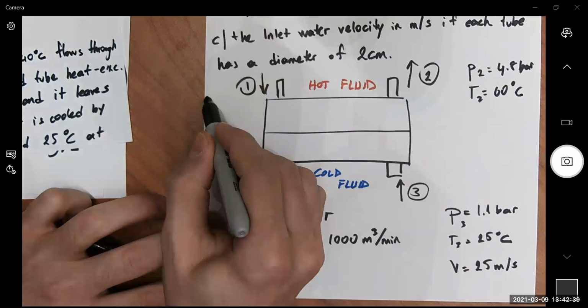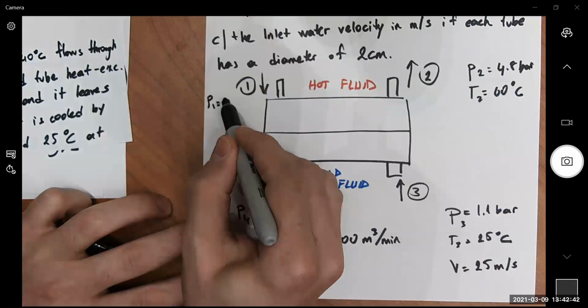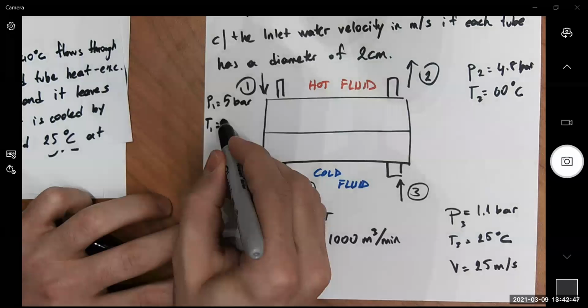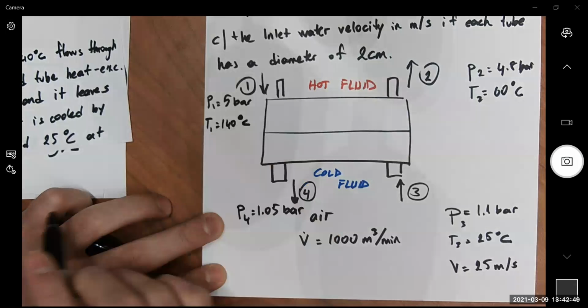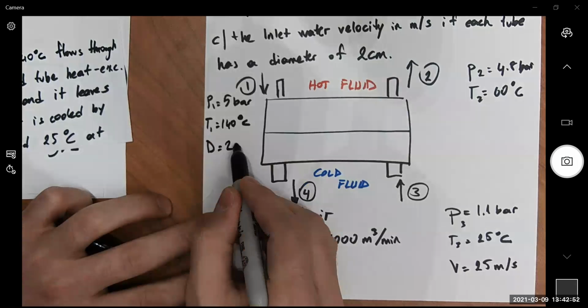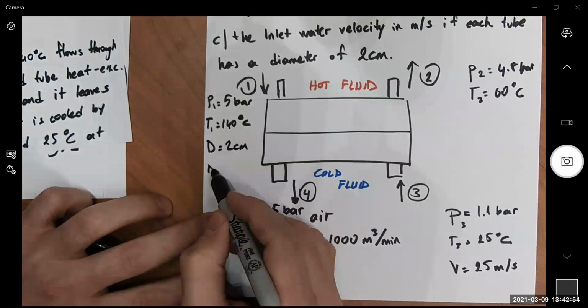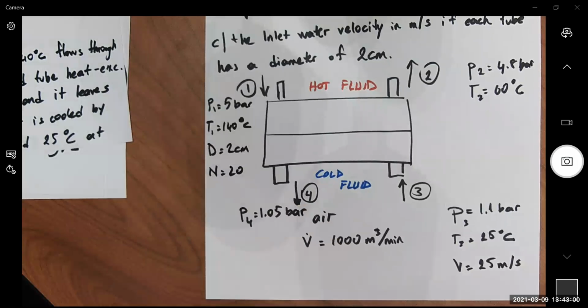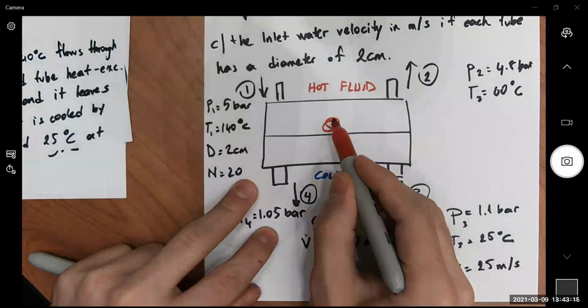And pressure 5 bar, temperature 140 degrees Celsius. Diameter 2 centimeters, and number of tubes 20. This, I don't know.